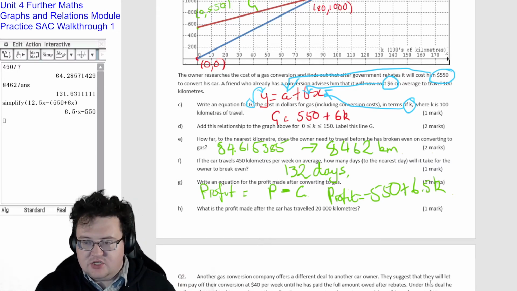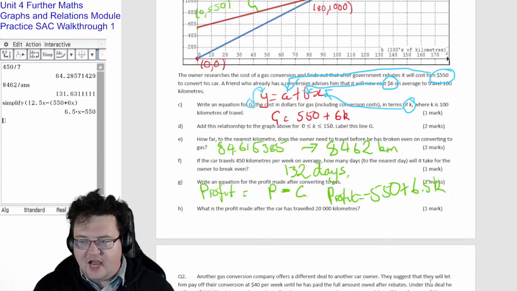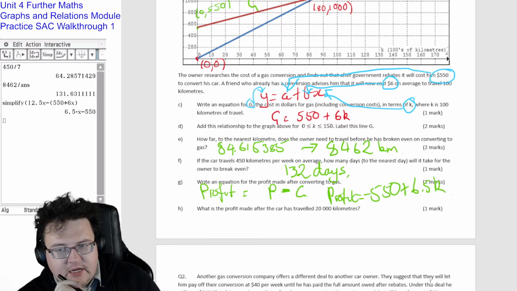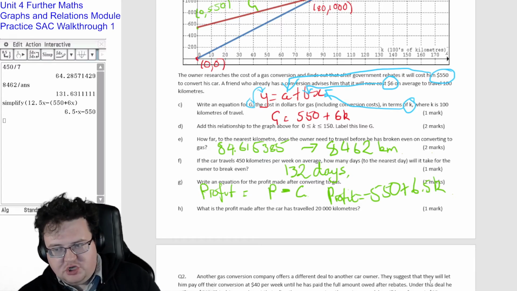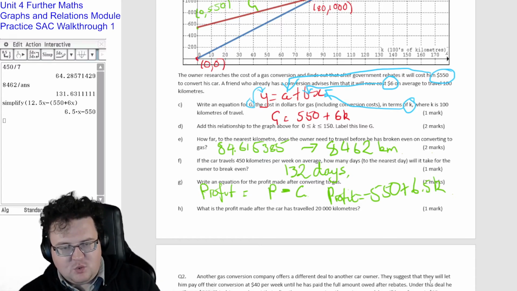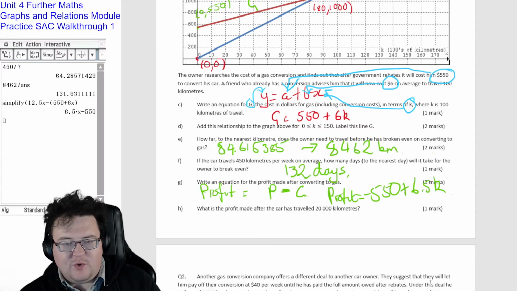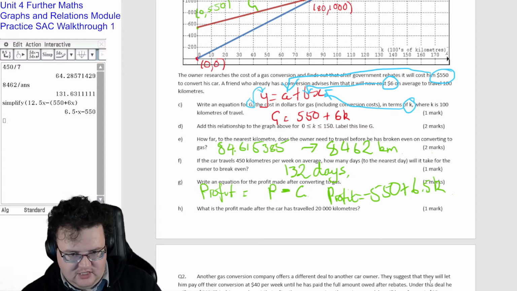So the next part is, what is the profit made when the car has traveled 20,000 kilometers? Now, do not just put 20,000 into our equation, because remember that K is hundreds of kilometers, and what we're dealing with is 20,000 actual kilometers.